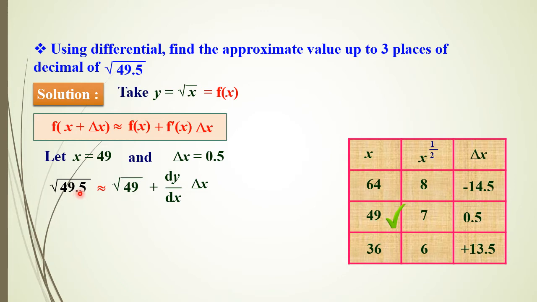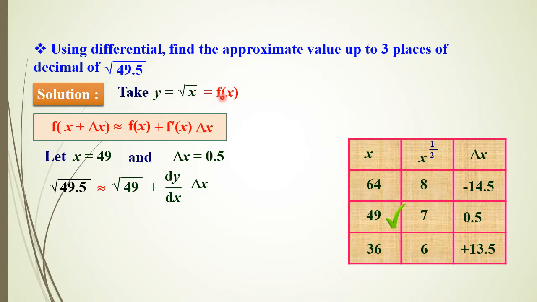So root of 49.5 is equal to f of x, which is root x, so root 49, plus f dash of x, the differentiation of root x, which is 1 divided by 2 root x.